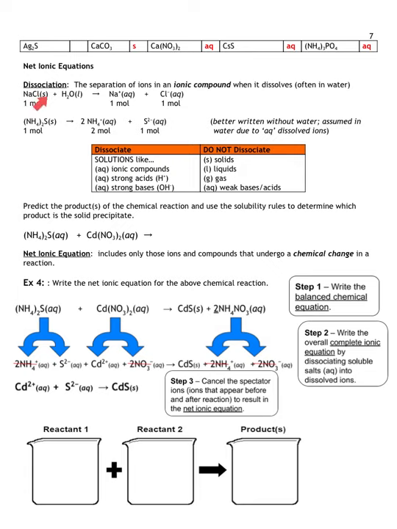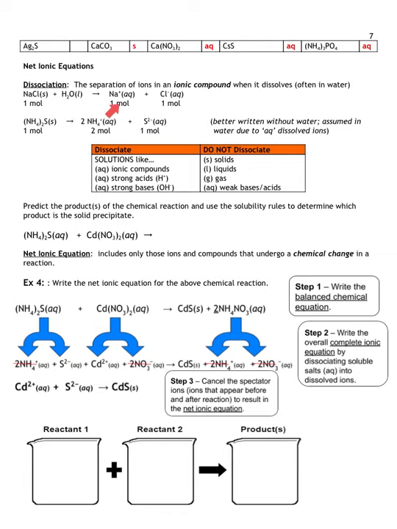So, we know dissociation is what ions in an ionic compound do when it dissolves, often in water. In other words, when it's soluble. So when ionic compounds dissolve, like sodium chloride, it usually dissolves into these two ions, separated by water.